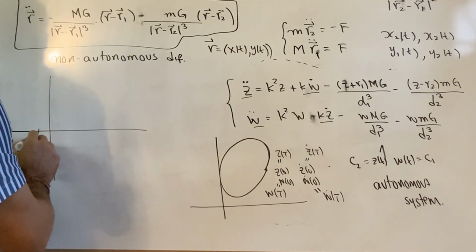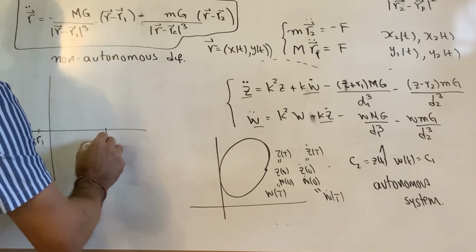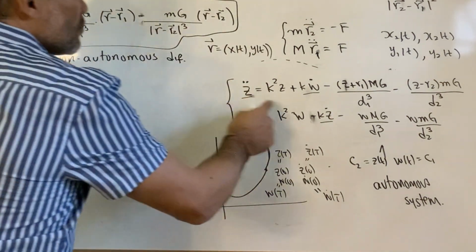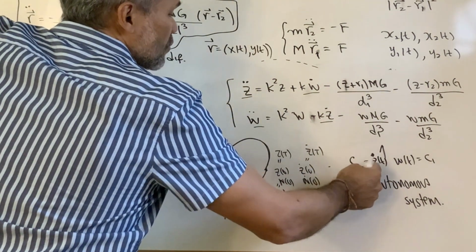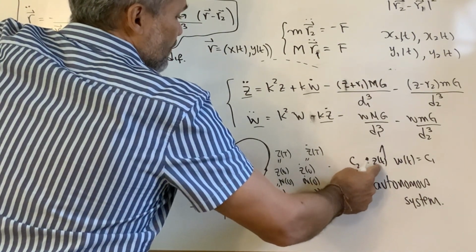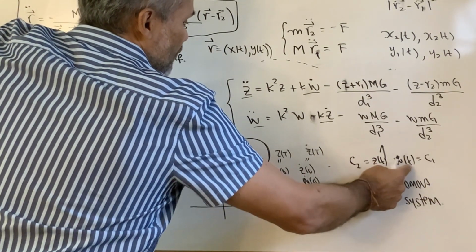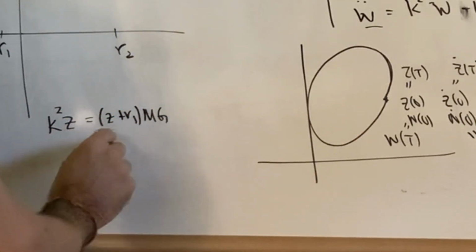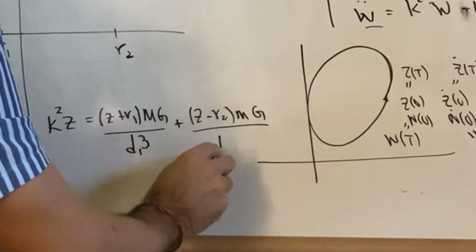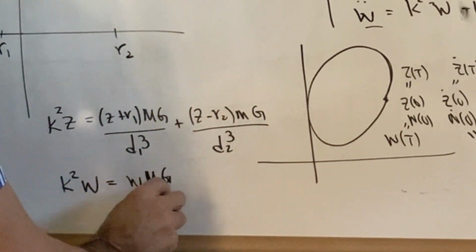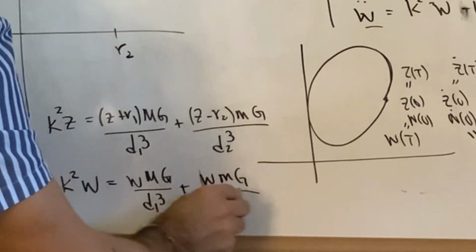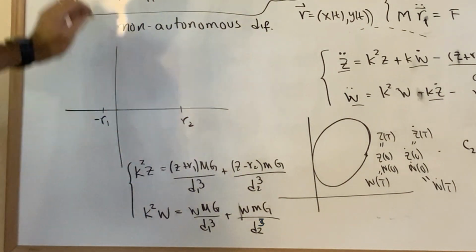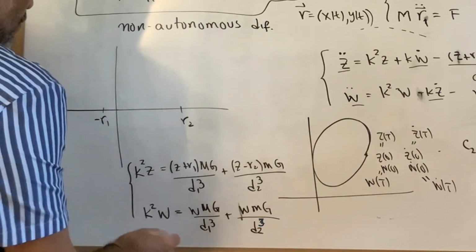Here is negative R1, here is R2, and let me just write the equation that you need to solve to find equilibrium solutions, solutions in which C of t is constant and W of t is constant. You have to solve this equation. Then you can see that there are 5 solutions for this 2 by 2 system.